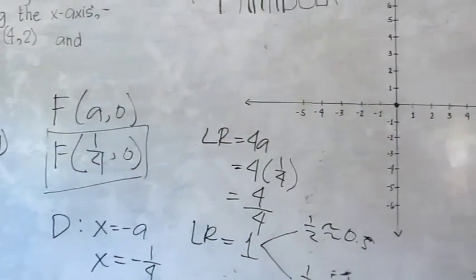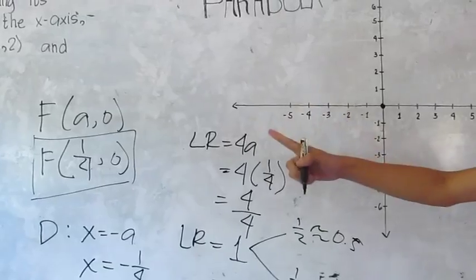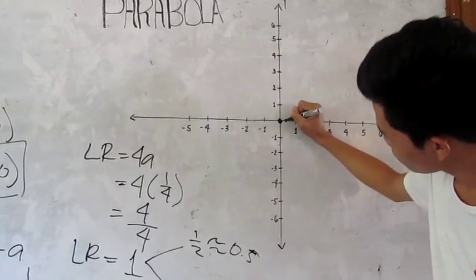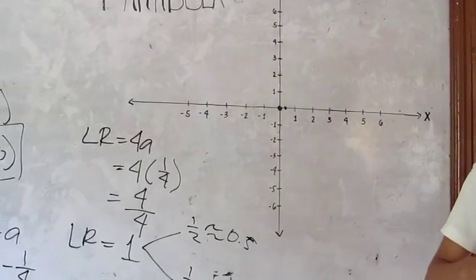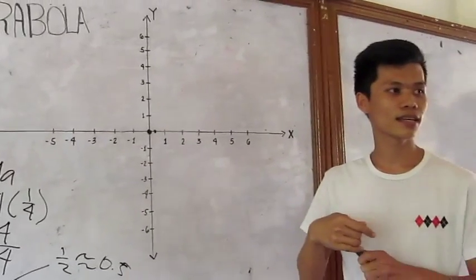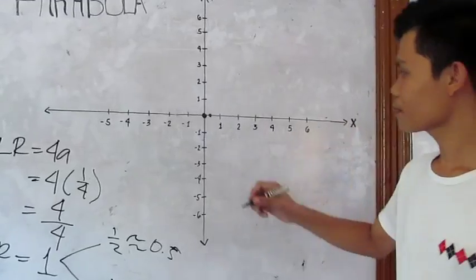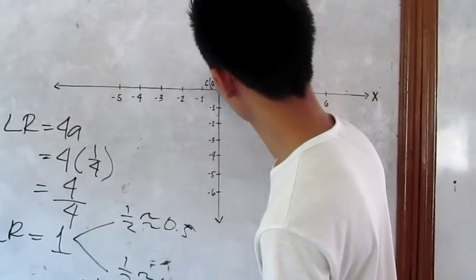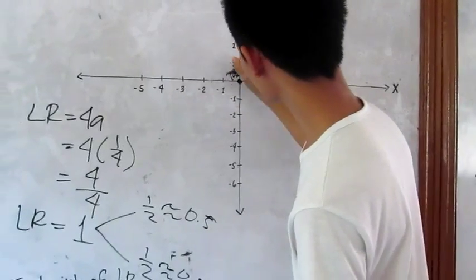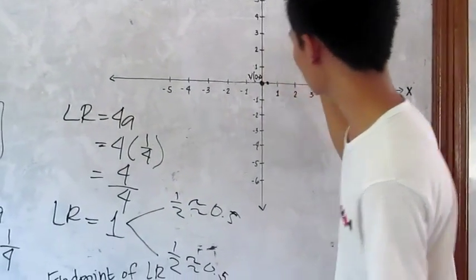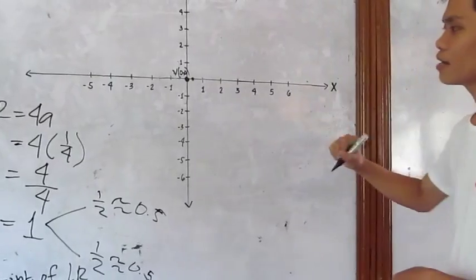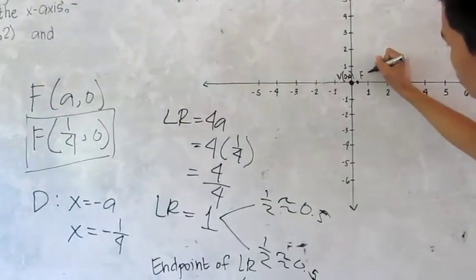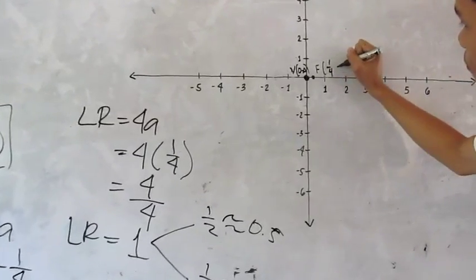Our focus here is at (1/4, 0), so somewhere here. So our vertex is (0, 0), and then our focus is (1/4, 0).